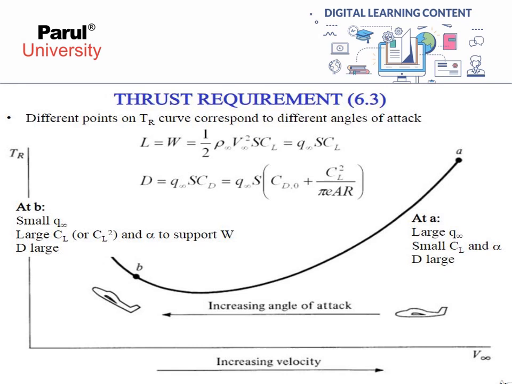Then coming to point B, with increasing angle of attack, what happens at B? B has a small Q infinity, a small dynamic pressure, and a large CL, or CL squared, and alpha to support W, and drag is large. We can see the variation between point A and point B. Understood? Okay, we have to go to the next.